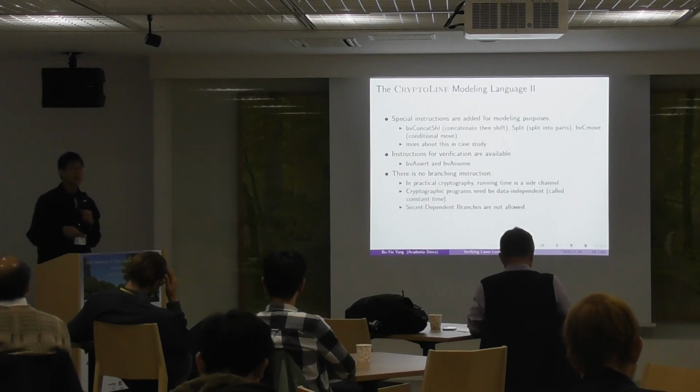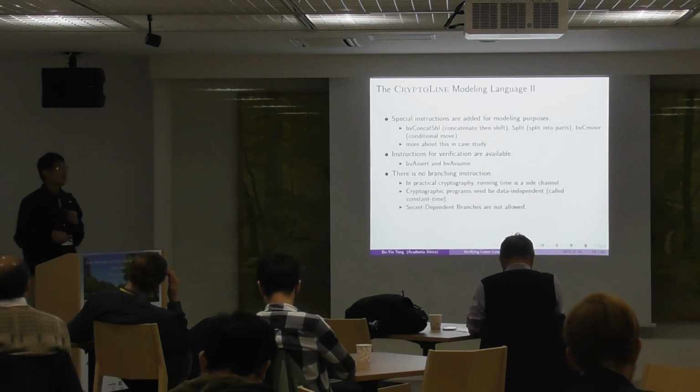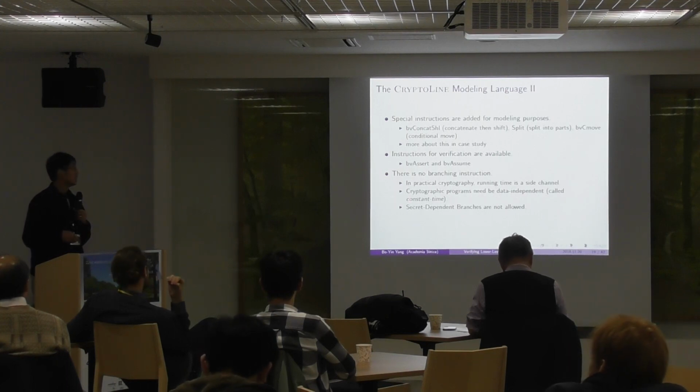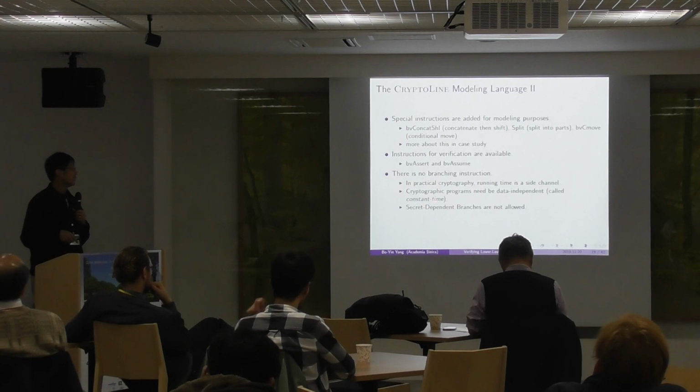Those branches are independent of your input. That's why we call it constant time. So we just skip over those branching instructions during our verification. So because cryptographic programs are data independent, we don't use branching instructions here.